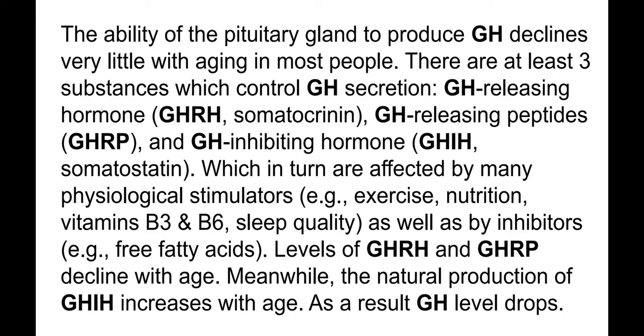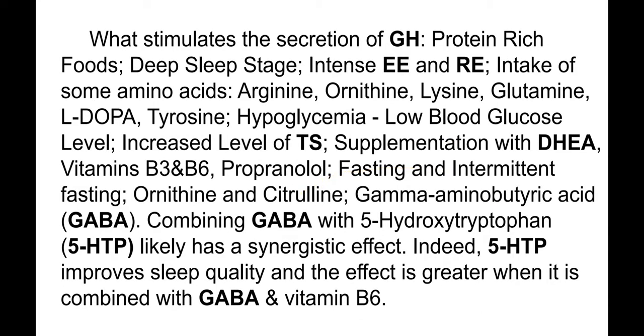This explains why we are losing the growth hormone with age. Meanwhile, the natural production of the inhibiting hormone, somatostatin, increases with age. So as the result of the combination of these factors, the growth hormone level drops with age.